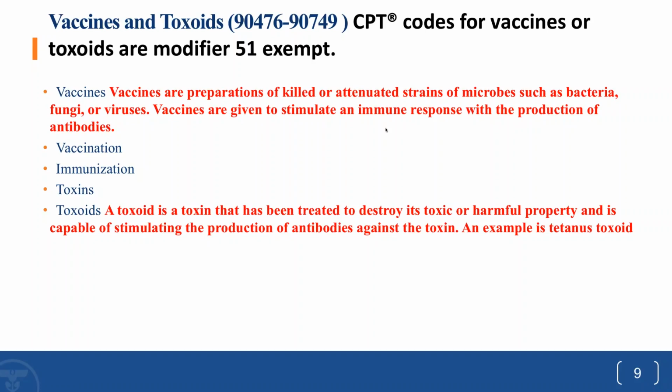You're going to use 90460, 90461, 90471 through 90474, in addition to the vaccine and toxoid code. So they're telling you those administration codes go with that 90476 through 90749, those vaccination codes that we just looked at on page 578.